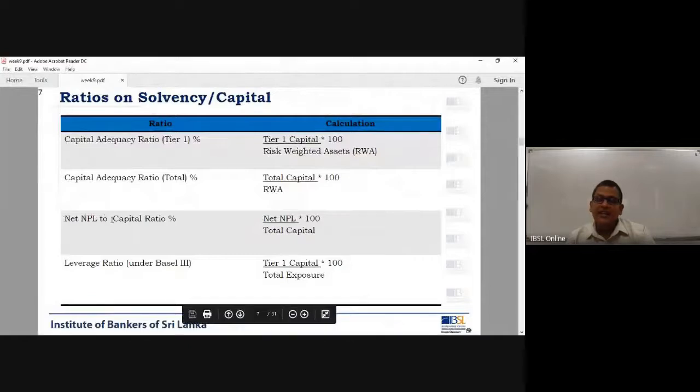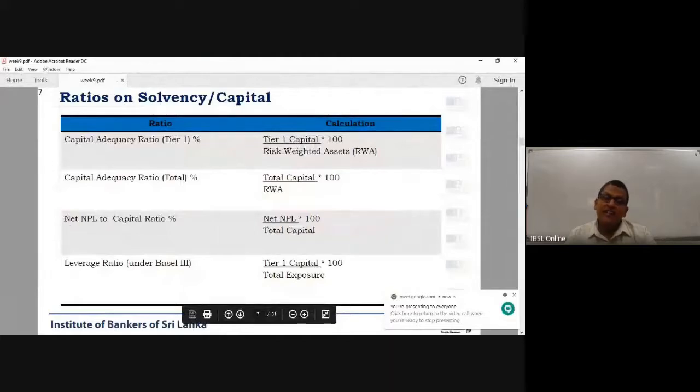In the last class also I mentioned to you all that gross NPL minus interest in suspense minus specific provision can be called a net NPL.